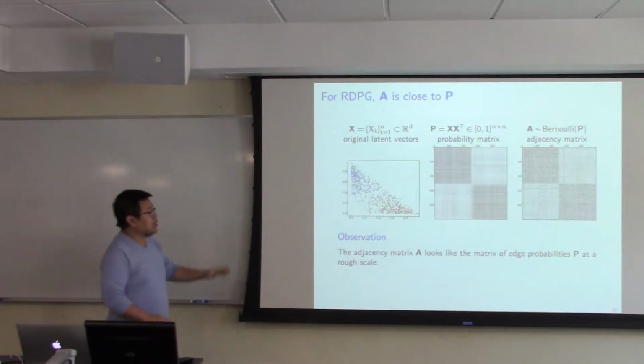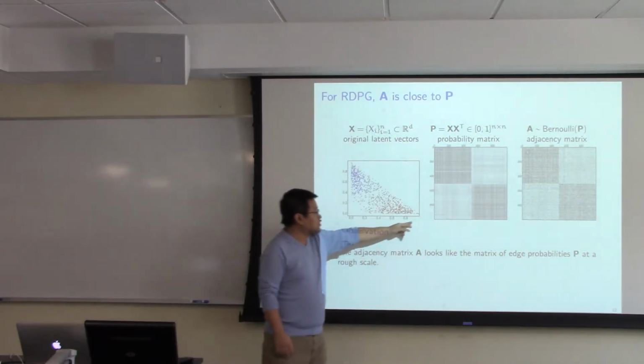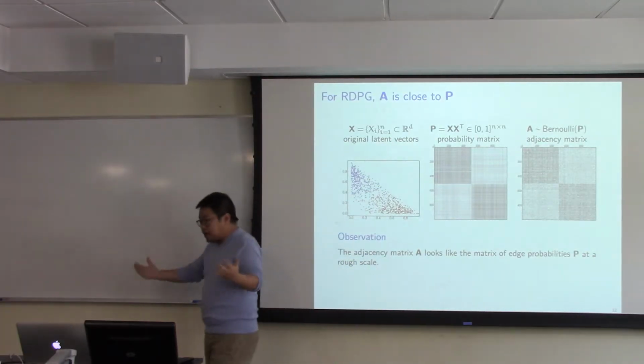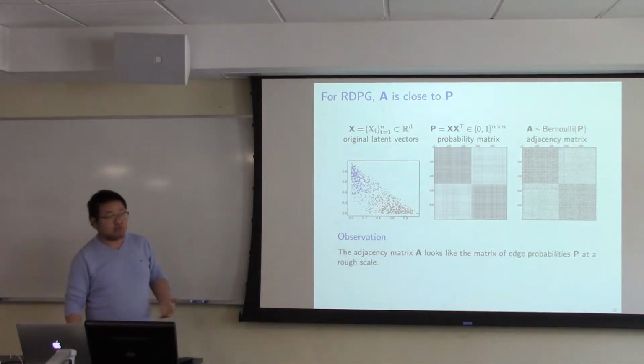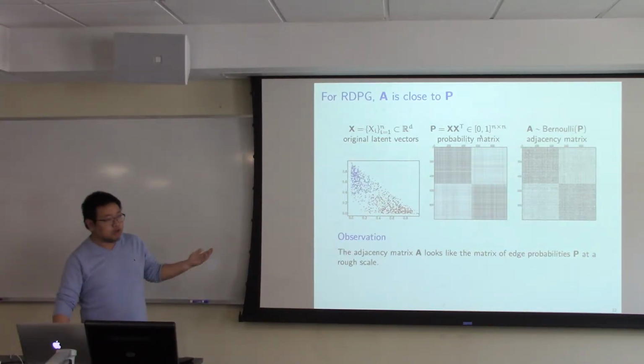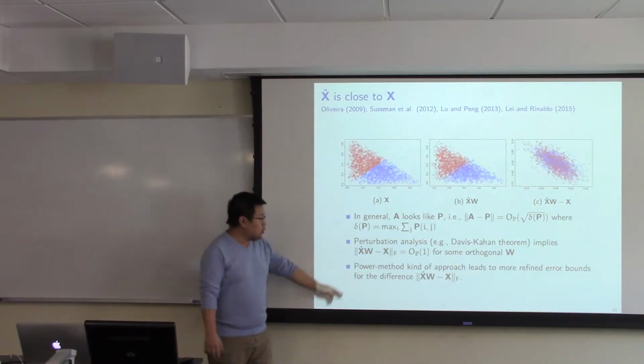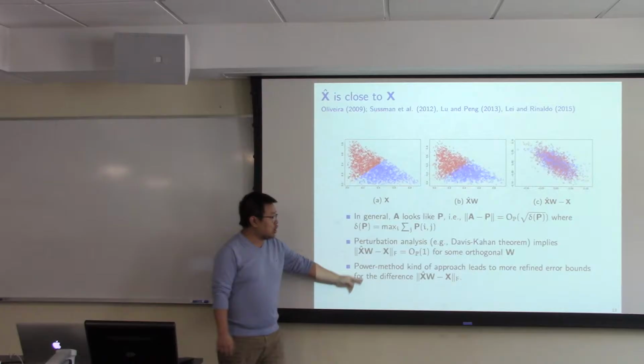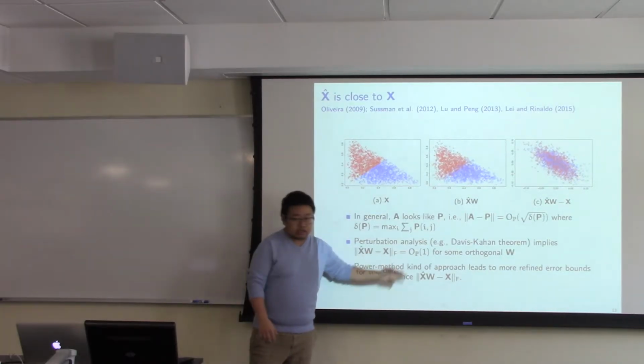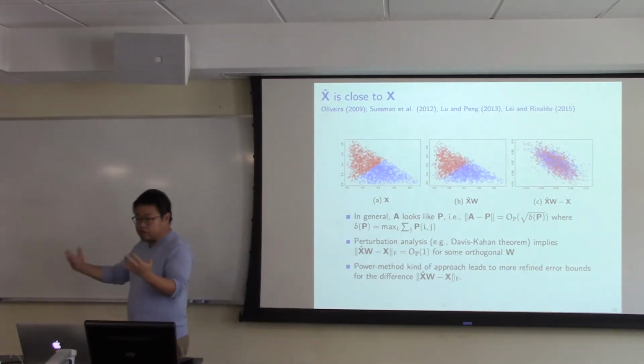The main thing I want to emphasize is that if I observe P, then from P I can take the eigendecomposition and I should recover X up to orthogonal transformation. So if A is close to P, the eigendecomposition of A, truncated properly, should give me that for X. So we can show that the Frobenius norm difference is of constant order. O_P here just means the bounds hold with high probability.